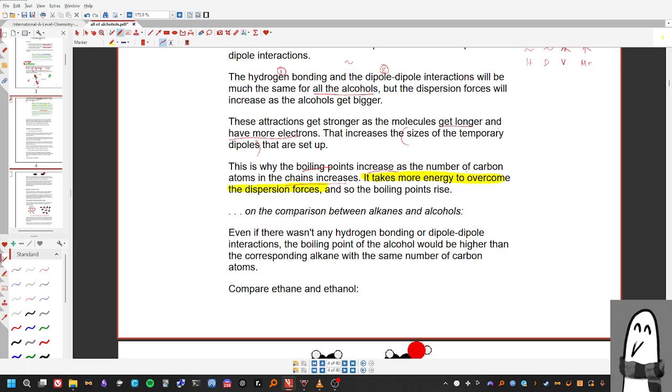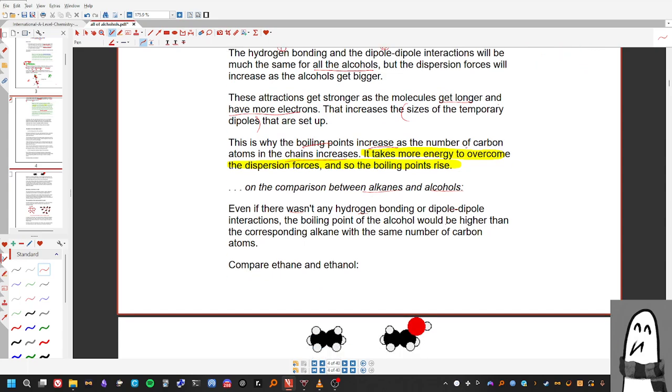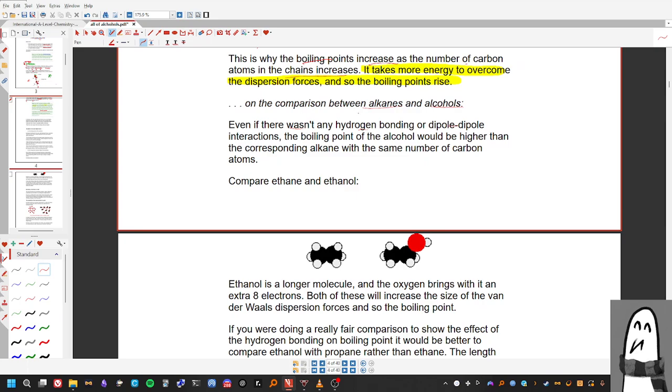And when we're comparing the alkanes and alcohols, we'll see that if there wasn't any hydrogen bonding or dipole-dipole interactions, the boiling point of the alcohol would still be higher than the corresponding alkane with the same number of carbon atoms, even if there wasn't any hydrogen bonding.